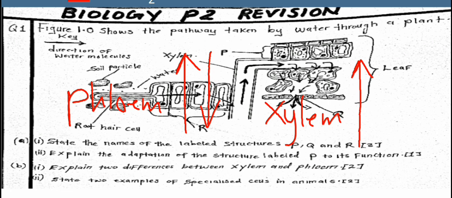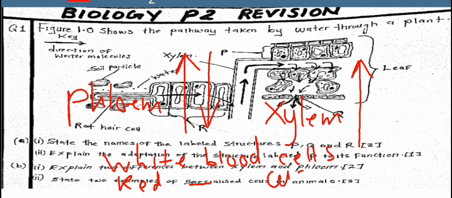It is saying, state two examples of specialized cells in animals. So the first one, we can talk of the white blood cells. Then, apart from the white blood cells, we can also include the red blood cells. Okay?